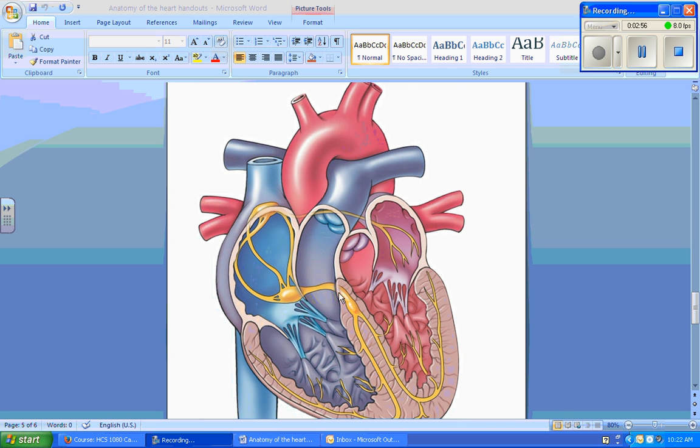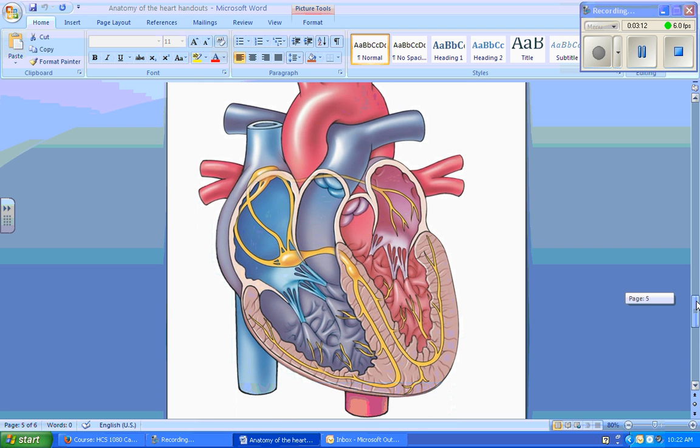That bundle of His breaks out into right and left bundle branches, and each bundle branch then breaks off into smaller and smaller fibers called Purkinje fibers. Now, this bundle of His and these Purkinje fibers are very fast-acting nerve fibers, and they pervade the signal from the atrioventricular node through both ventricles, left and right, almost instantaneously, so that the ventricles contract simultaneously.